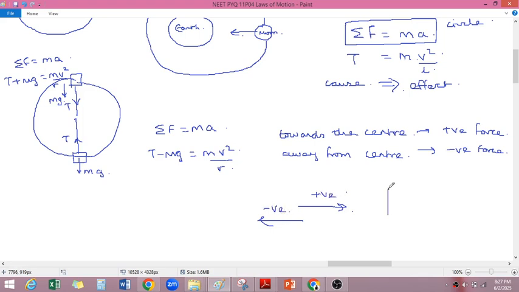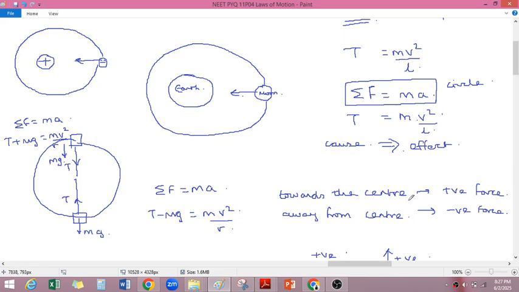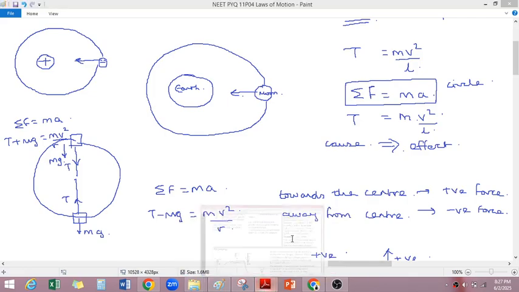And upwards means positive, downwards means negative. So this, I'm sure you will not have any confusion. But circular motion means towards the center positive, away from the center negative. Very, very important. I can show you where you can refer for that in the handbook.